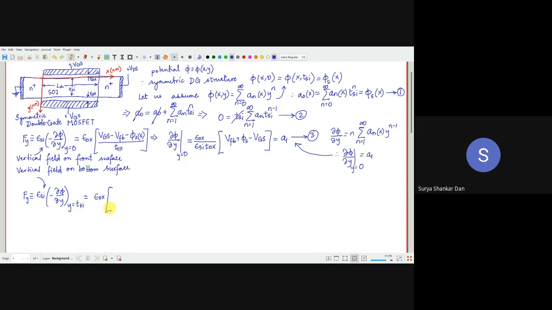But now what is the direction? From the bottom upwards. So VGS, if I'm going by the same direction, it will essentially become simply phi S plus VFB minus VGS by Tox.